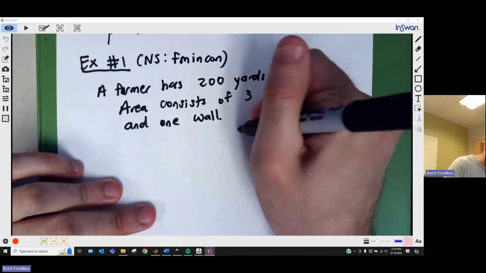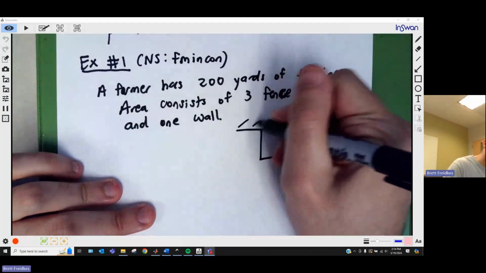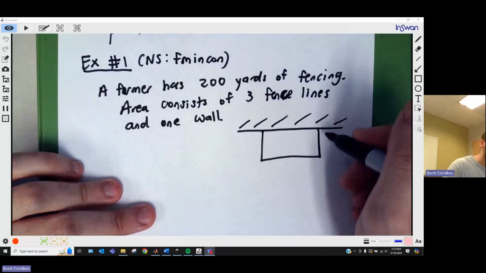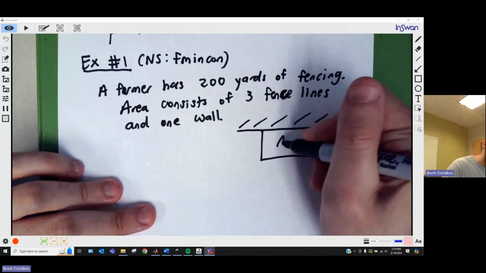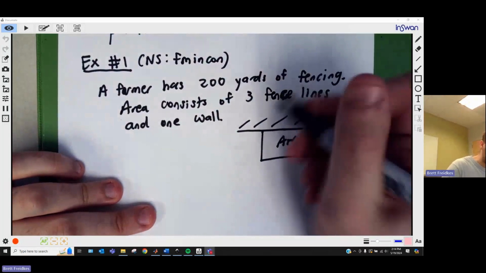So if I were to draw a picture, here would be our wall. These are our 3 fence lines, 1, 2, and 3, and then this is our area. And we want to find the dimensions of this.